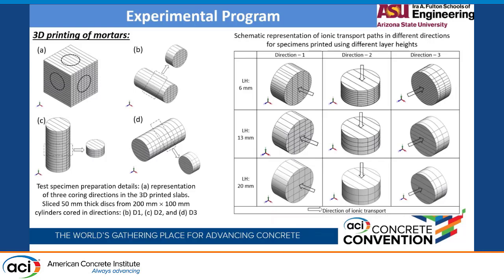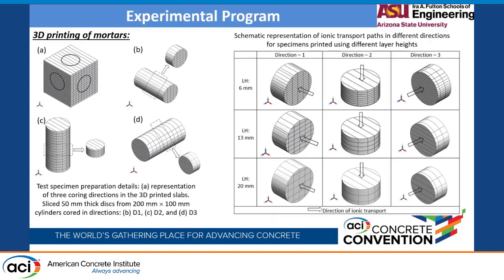This table gives an overall picture of the direction of ionic transport in different directions and layer heights. And one important thing to notice in this table is that based on the direction and your layer height, the number of interfaces will be different in different ion transport directions.